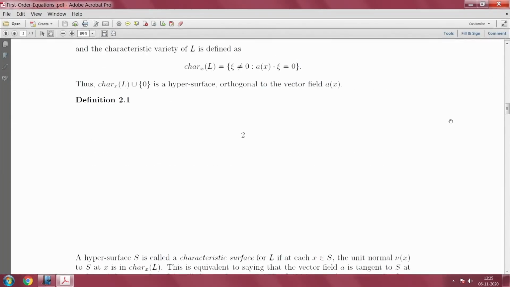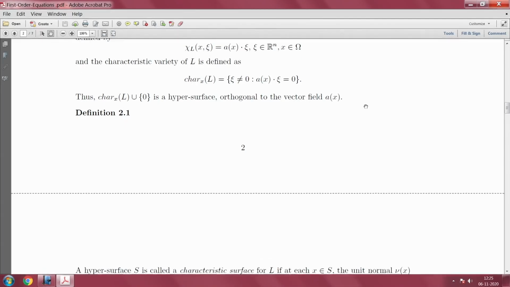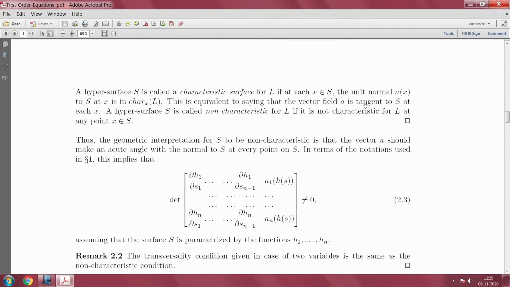So, that non-characteristic condition on the surface. Okay, so, this characteristic form, and then we define this characteristic set or variety, and so we defined the characteristic surface and non-characteristic surface.